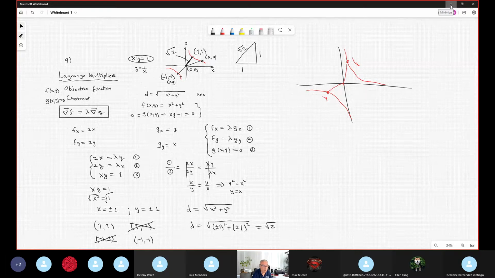You type Wolfram Alpha on the keyboard. Guys, you need to be familiar with this because in the next chapter we use it every day. But in this case, no calculus, it's algebra. Okay, let me share the screen. Wolfram Alpha.